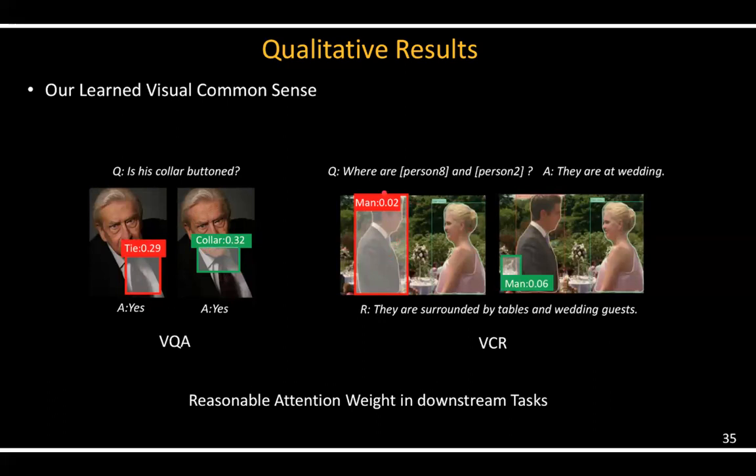And for the second case, where are the two persons? They are at a wedding, not just because it is a man and a woman, but because they are surrounded by tables and wedding guests. Then we can know it is a wedding. So what's the point here? What's the common sense in the visual in all these examples?